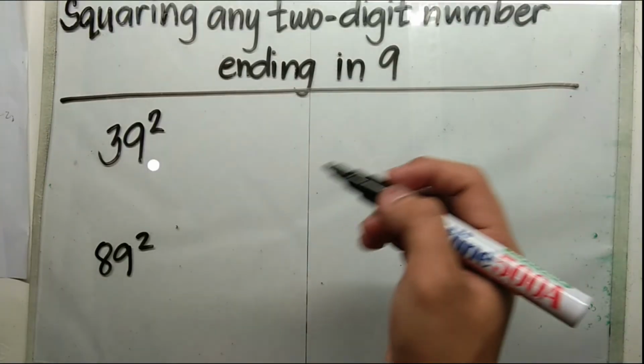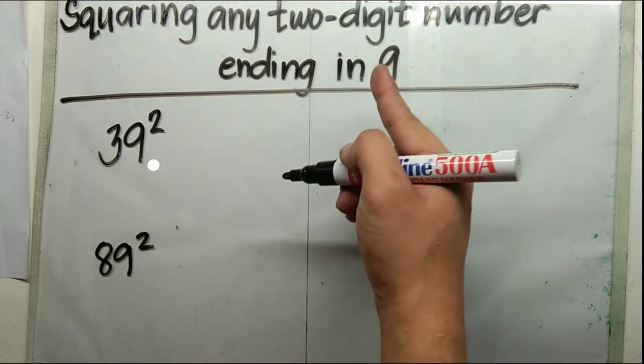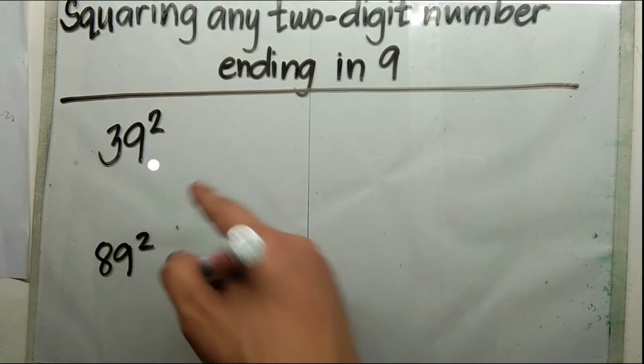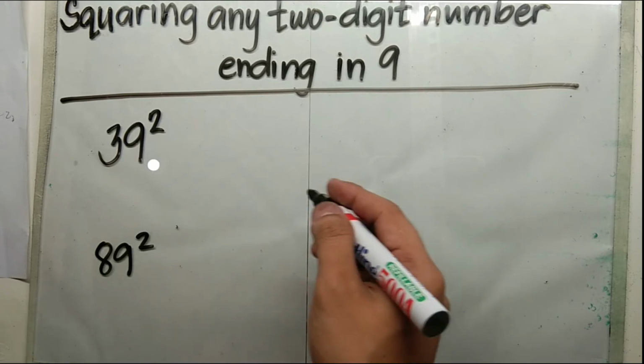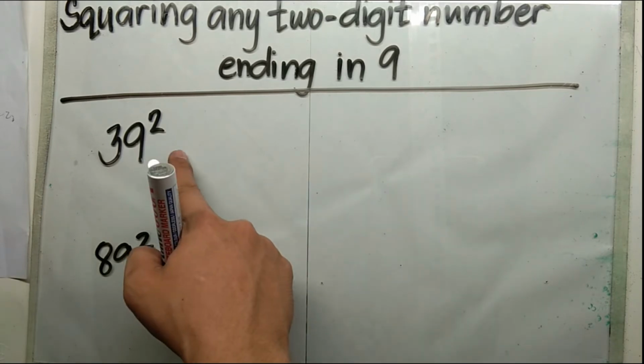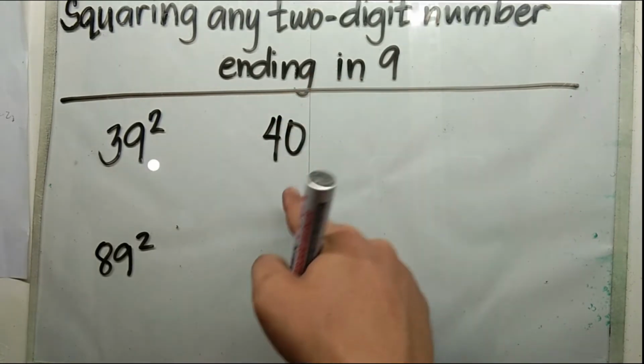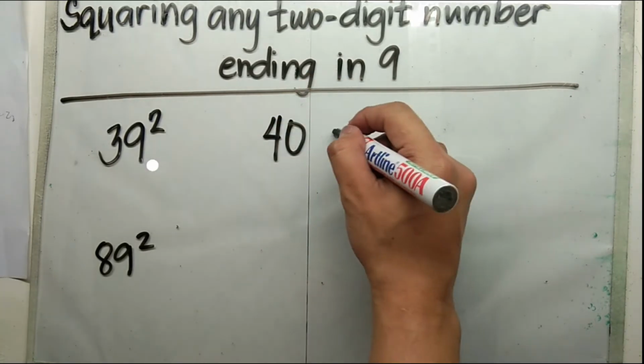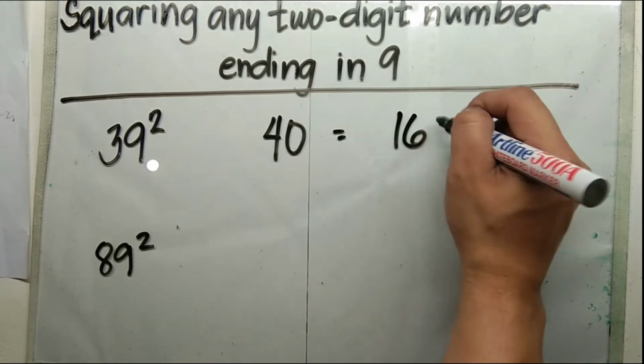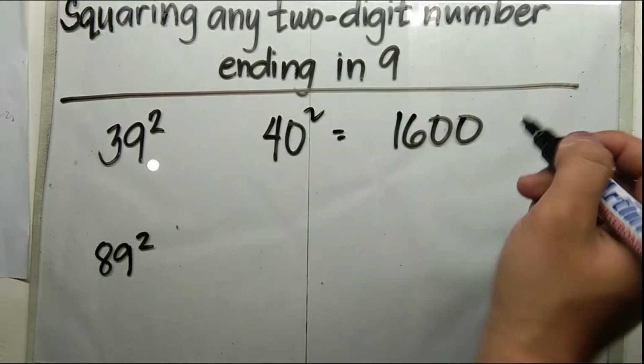In squaring any two-digit number ending in 9, say 39 squared, first, think what number comes after 39. Obviously, you will say it's 40. Now get the square of 40. That will be 1,600.